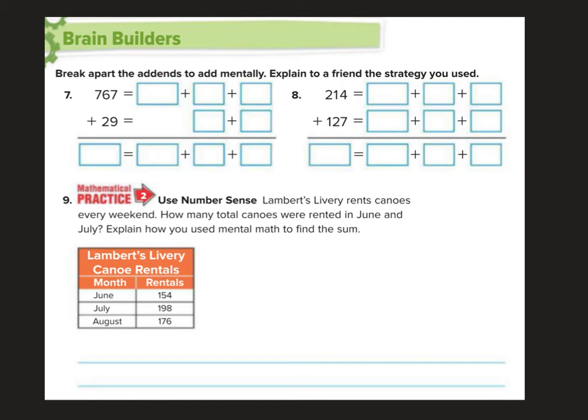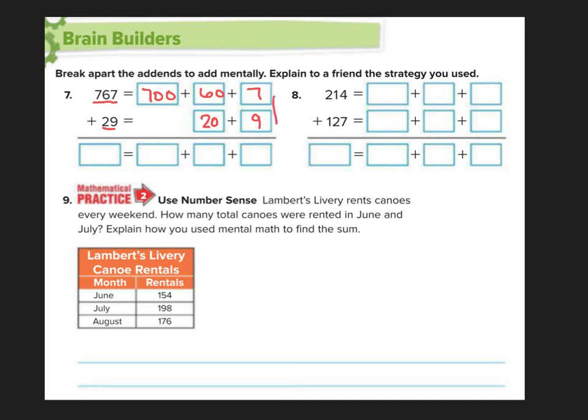Okay, here's some brain builders. Okay, I need to break apart the addends. 767 is going to become 700 plus 60 plus 7. And 29 is going to become 20 plus 9.